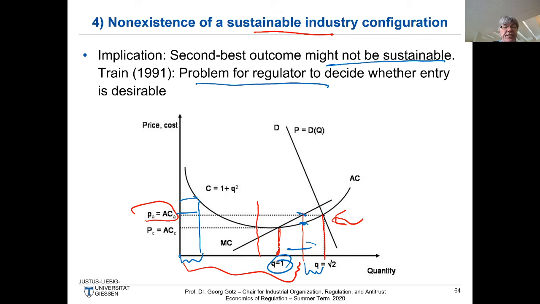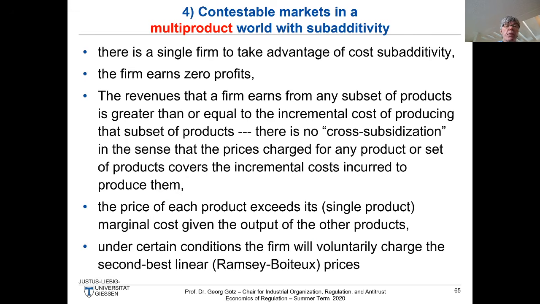Perhaps we can discuss that in more detail, or once again on Tuesday if you want to, because here the problem is that the shape of the curve is not, you see, the C is 1 plus Q squared, and this is actually very similar to what we had. Okay, I move on, even though this might not have been so clear, but anyway.